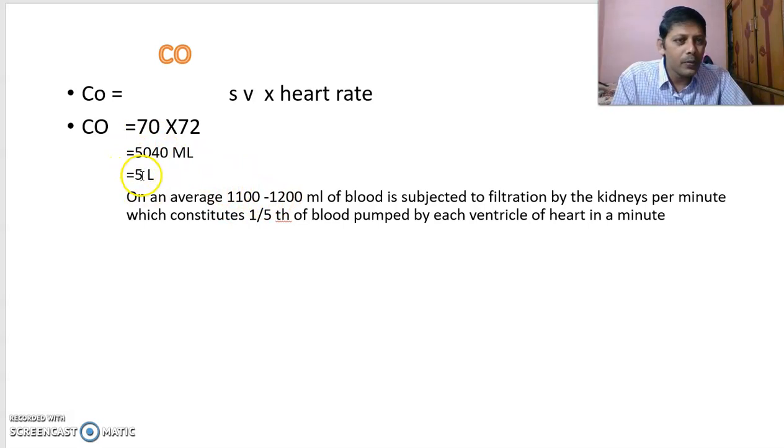Our heart is pumping 5 liters of blood, but our kidneys are filtering about 1 liter. On average, 1100 to 1200 ml of blood is subjected to filtration by the kidneys per minute, which constitutes about 1/5 of the blood pumped by the ventricle of the heart in a minute. You got it, I think. I will explain this again in the next part.